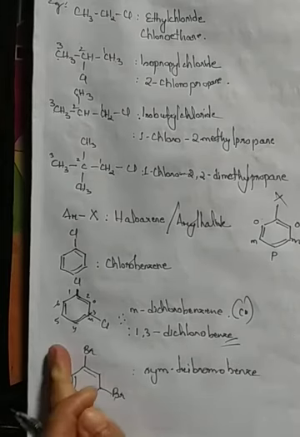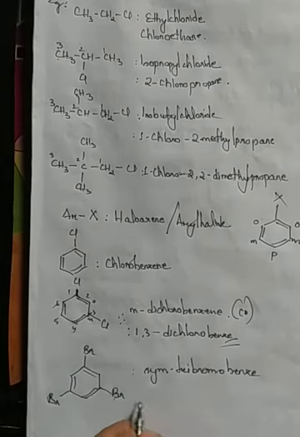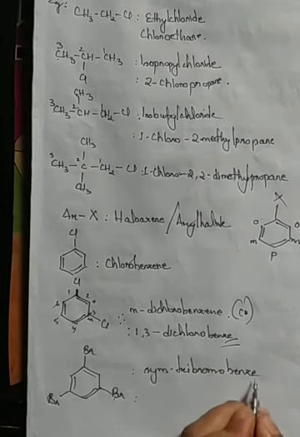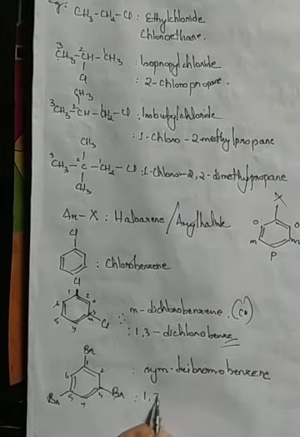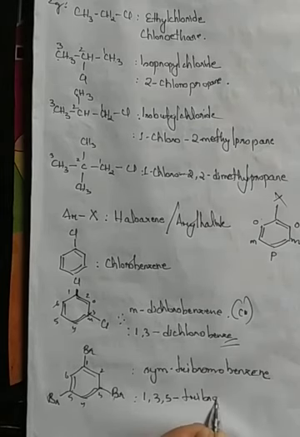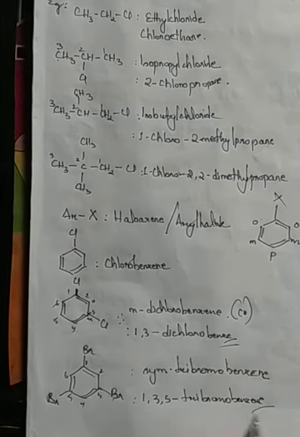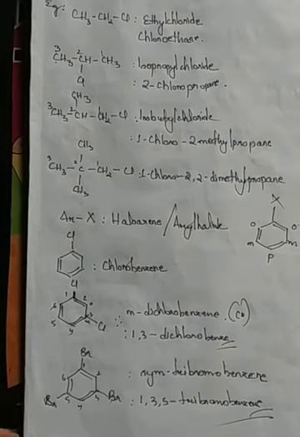Since this is an example of a symmetrical haloarene, this is the common name. Now the IUPAC name: we number 1, 2, 3, 4, 5, and 6. The atoms are at positions number 1, 3, and 5. Therefore it will be 1,3,5-tribromobenzene. These are some examples of haloalkanes and haloarenes.